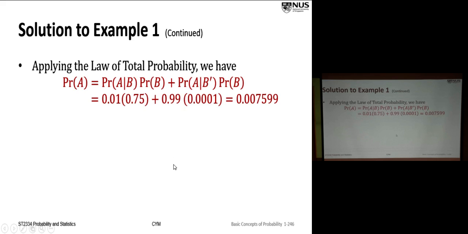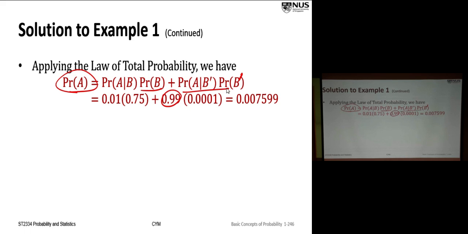So apply the total probability, the chance of collapse. Yeah, there's a typo here. Obviously, this should be B complement, so put back the complement.